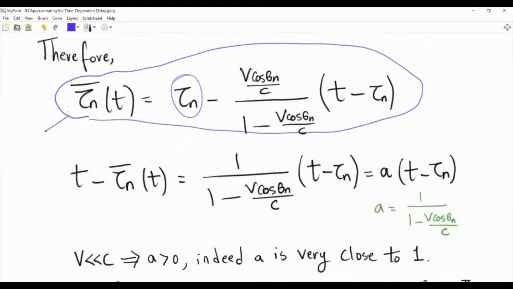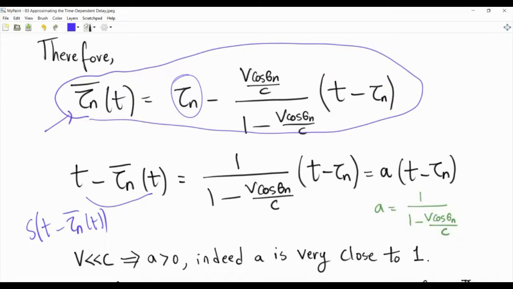This is the expression for tau bar. This is t minus tau bar, because our received signal depends on this. Remember, in the expression for the received signal there was s of t minus tau bar n of t, and so I just take t minus this quantity here.